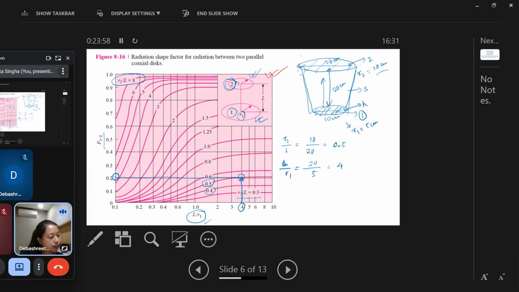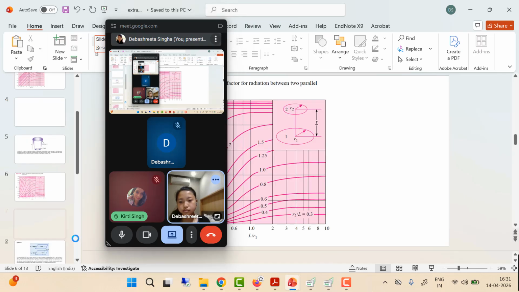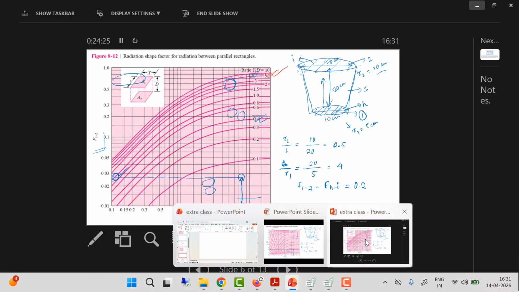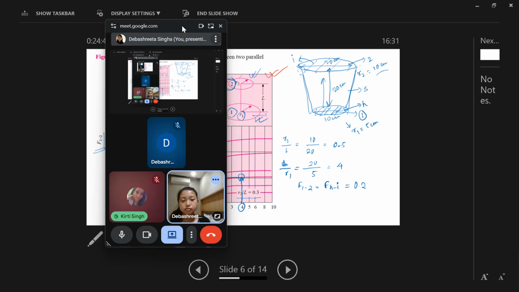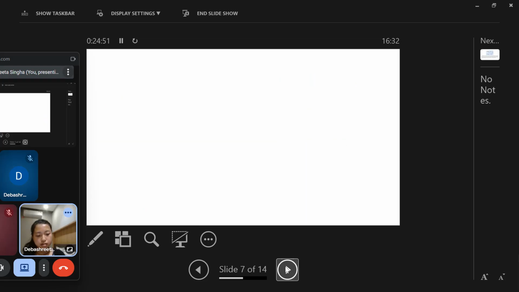Suppose we consider it as I, the top surface is I. So F12, where 1 is below and 2 is top, here is our FHI. So here what we get is 0.2.